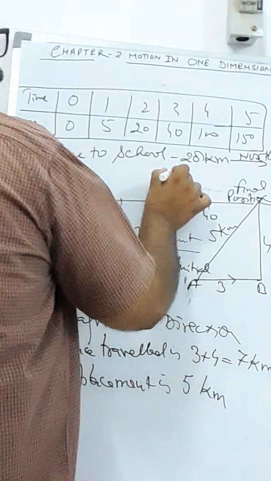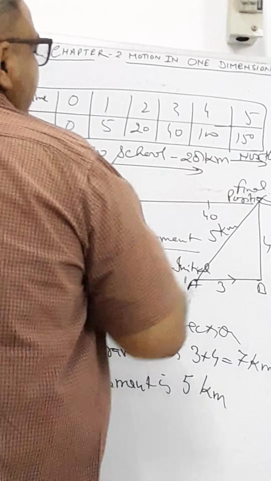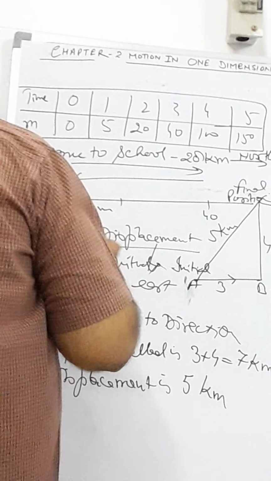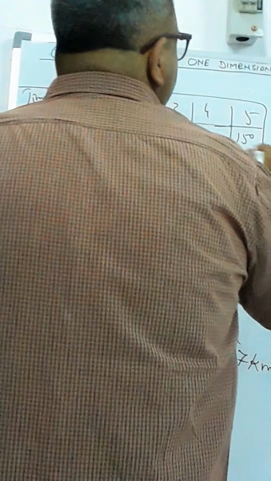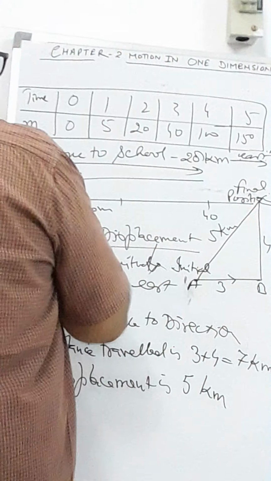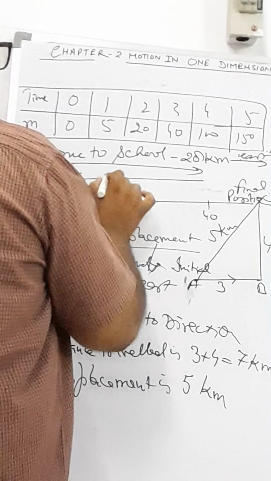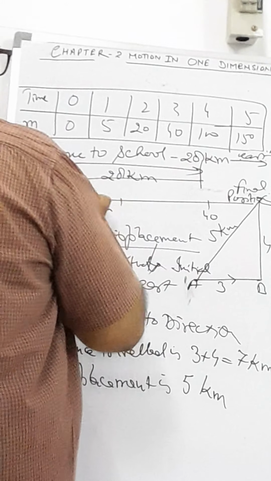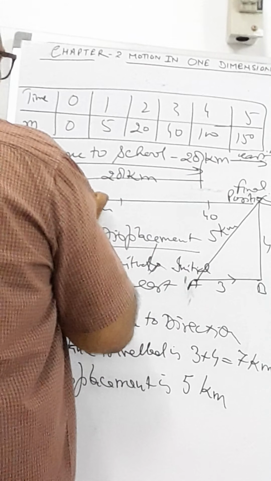Now I came back, in the west direction, the same displacement, the same distance traveled, 28 kilometers from school to home.